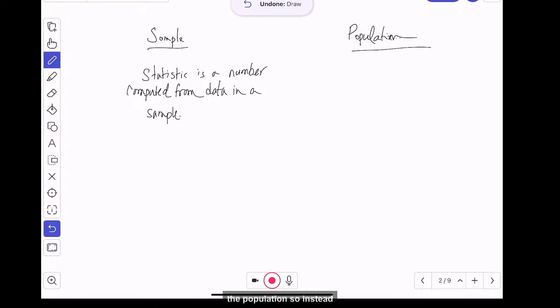So instead, the second best thing to do is to collect a sample. From that sample, we can calculate statistics based on the data in the sample, and the statistic aims to estimate the parameters of the population.